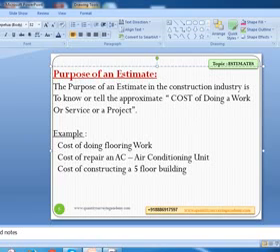Then cost of repairing an AC, air conditioning unit, cost of constructing a 5-floor building. So the purpose of giving this estimate is that it will help you in decision making and in knowing the cost of that particular item.